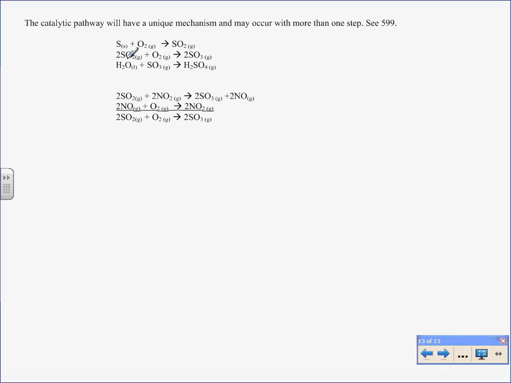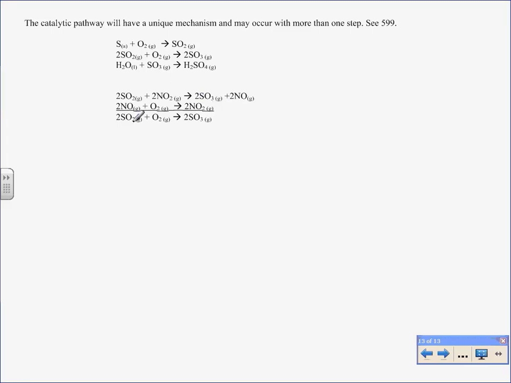And the pathway that it takes, rather than this pathway of SO2 molecules reacting with oxygen directly to form SO3, is this step. The SO2 reacts with some NO2. This will have a lower activation energy likely, and then the NO, this reactive intermediate, reacts with oxygen to produce the NO2 again.